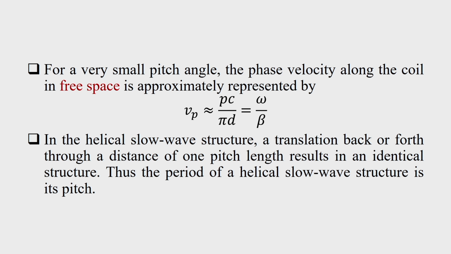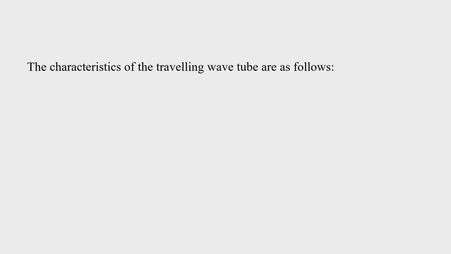In the helical slow wave structure, a translation back or forth through a distance of one pitch length results in an identical structure, and thus the period of a helical slow wave structure is its pitch. The characteristics of the travelling wave tubes are: it is usually operated in the frequency range 3 gigahertz and higher.